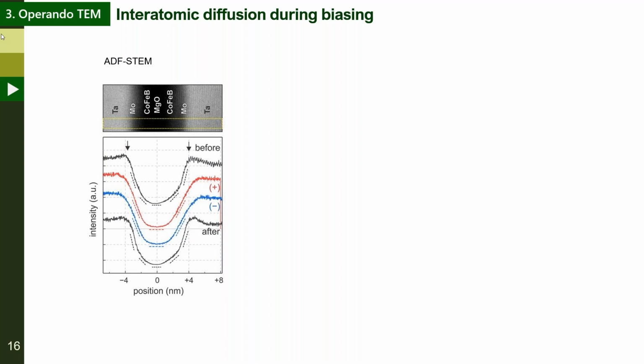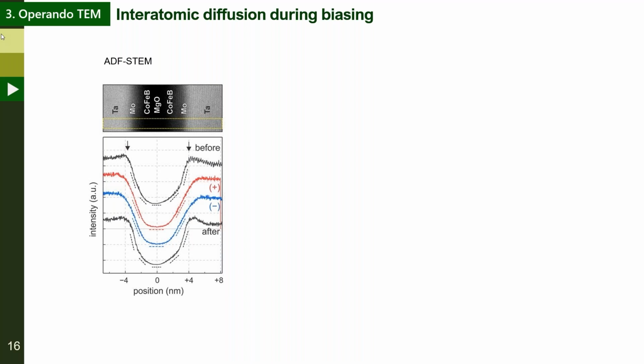In this structure, we applied the constant biasing. First, we applied it in one direction, represented as plus, and then we also applied the constant bias in the opposite direction, represented as minus in this graph.